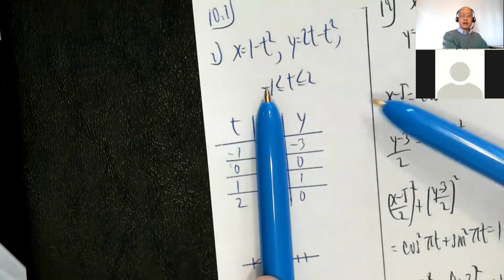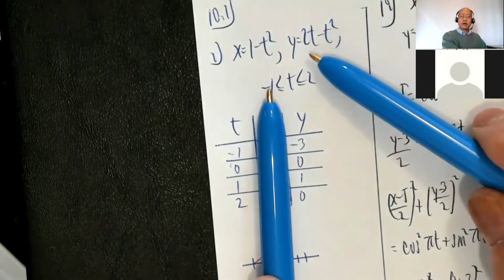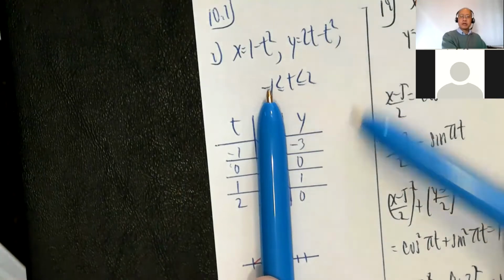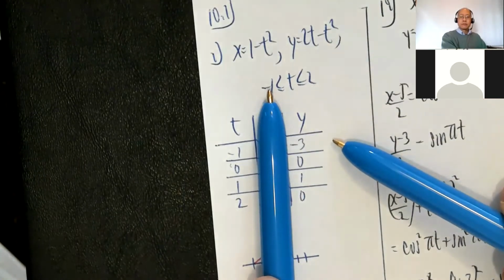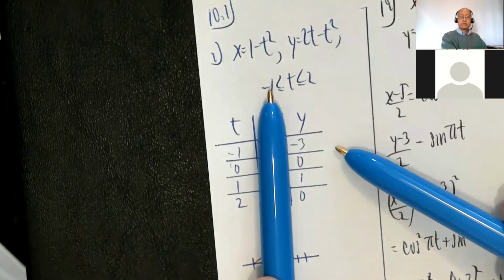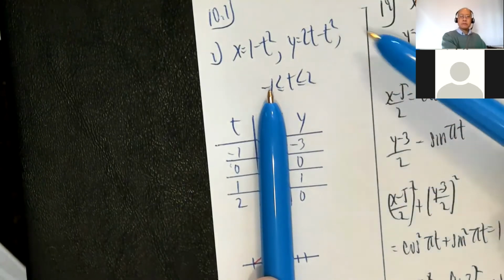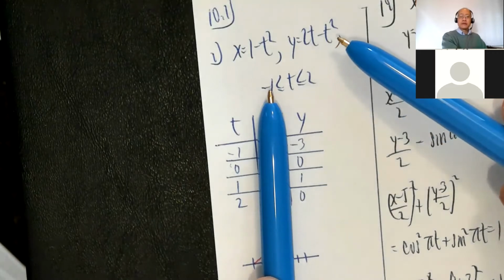T versus y. Plug in -1. That'd be what? -2 minus 1 is -3. Plug in 0, 0 minus 0, 0. Plug in 1, 2 minus 1 is 1. Plug in 2, 4 minus 4 is 0.